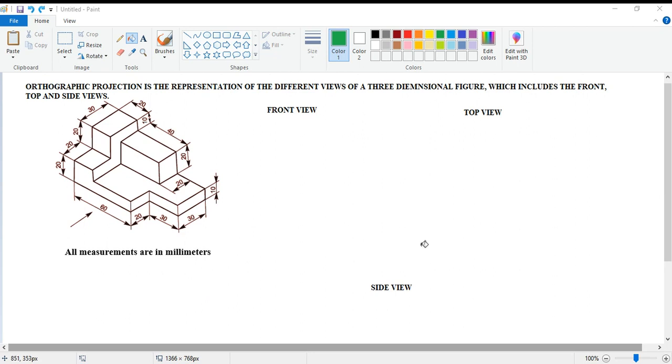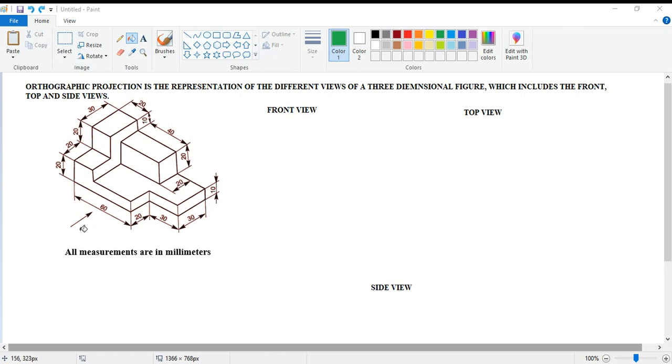All right, so in orthographic projection, we only need to show the front view, the top, and the side view of the figure. The front view of the figure will normally be given. In this case, we have an arrow. This arrow here is representing the front view.